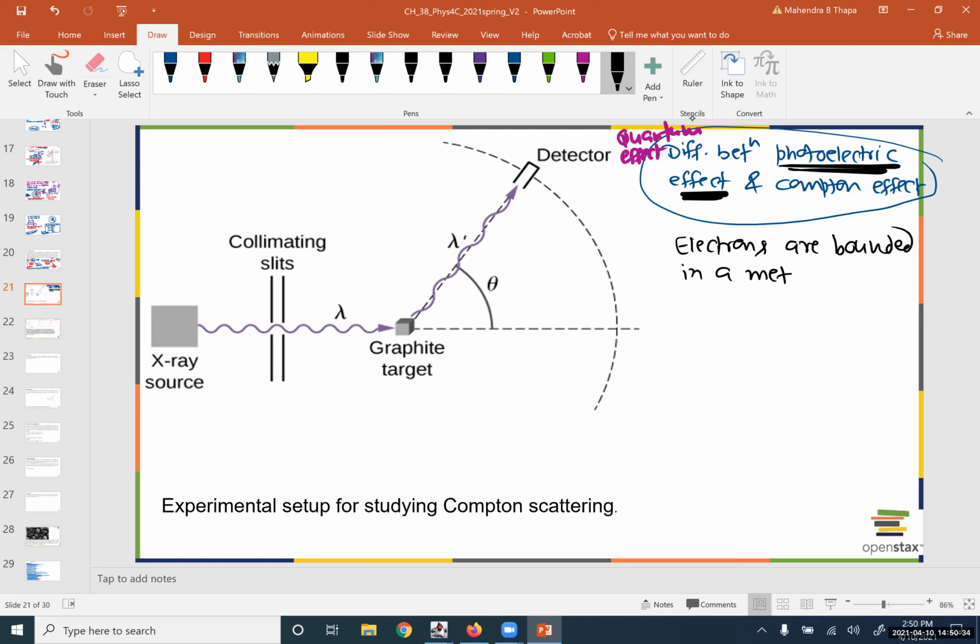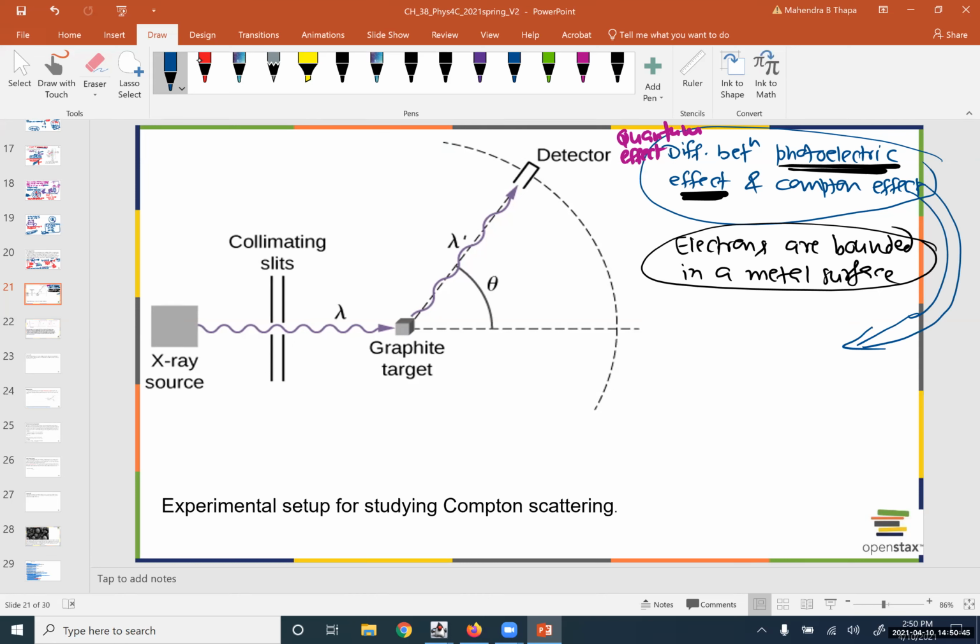But in the case of the Compton effect, the electron is a free electron. It's not actually bound to a surface.